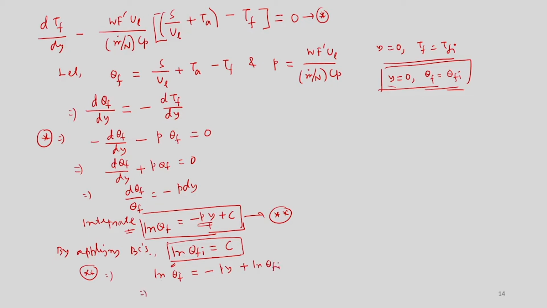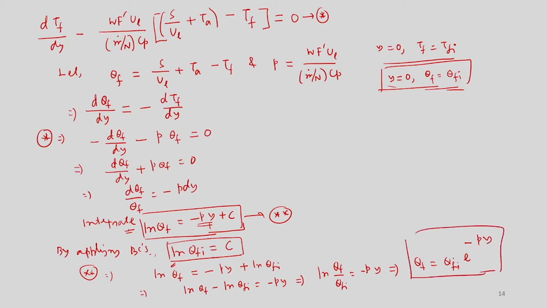If we now deduct ln theta f i from both sides, it will be something like this: ln of theta f by theta f i is equal to minus p into y, and it will be something like theta f is equal to theta f i exponential of minus p into y.